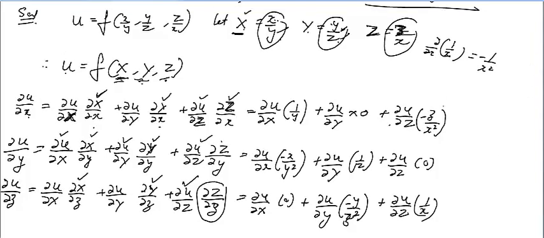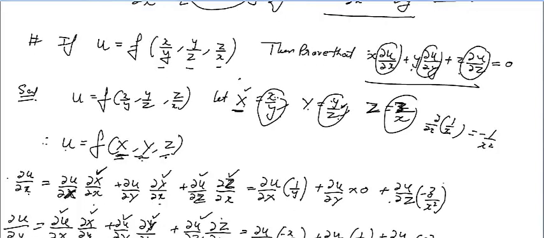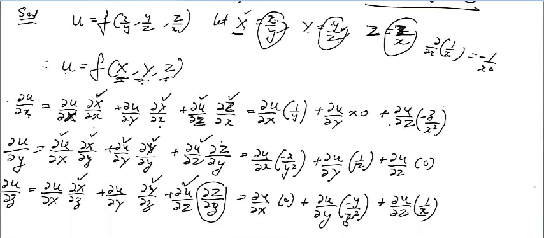See, interesting, you are getting this one, this one, and this one. You will multiply this with x, this with y, this with z, and you will add it. Very interesting to see. You can multiply here, or even in the next step.